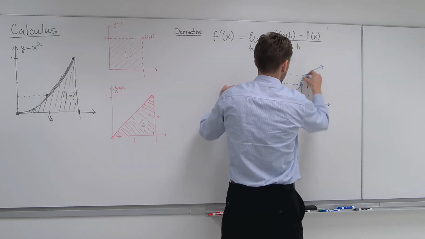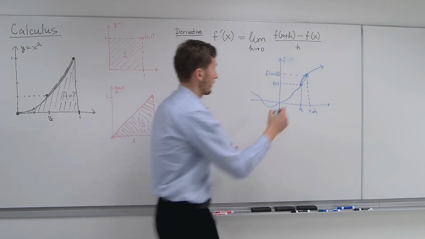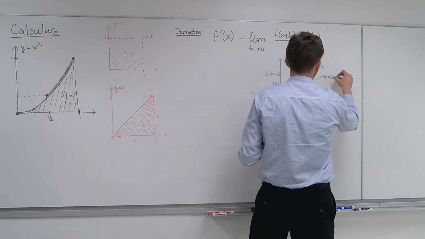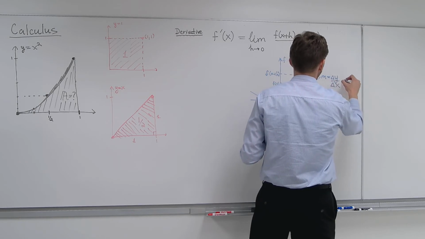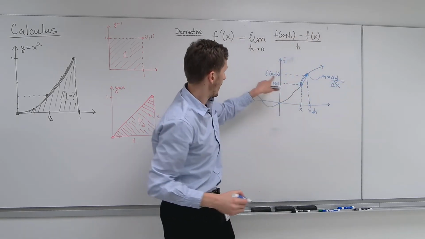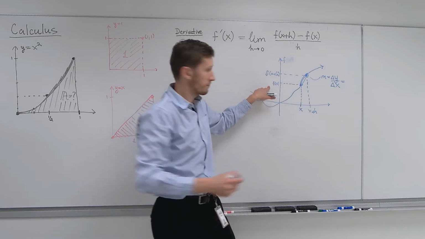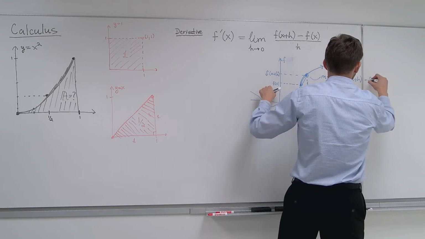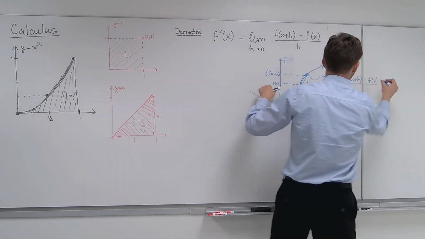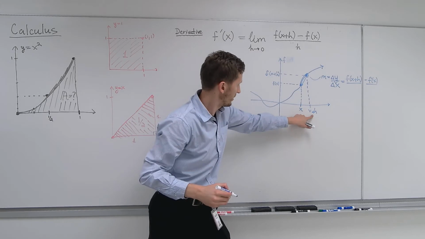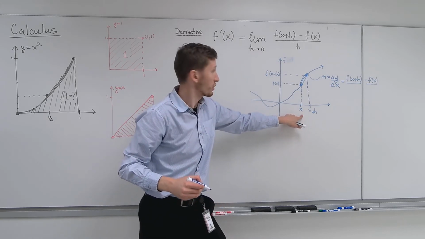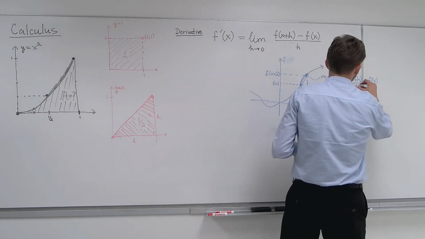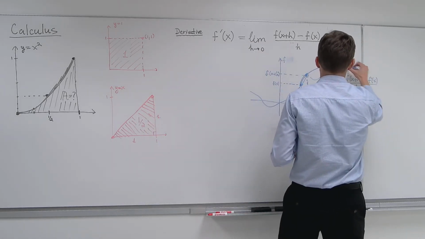The slope m is delta y over delta x, which is exactly f of x plus h minus f of x, all over the change in the x's, x plus h minus x. And that looks very much like the expression there, doesn't it?